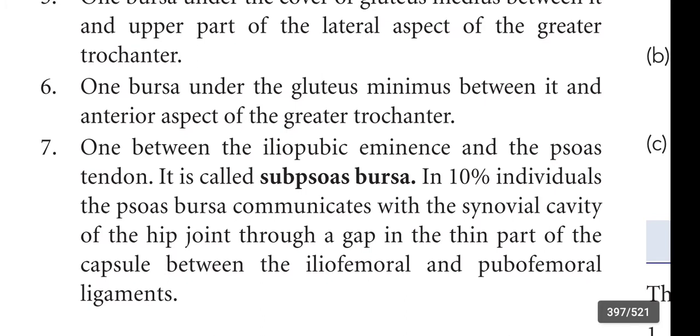And one bursa between the iliopubic eminence and psoas tendon. It is called the subpsoas bursa.